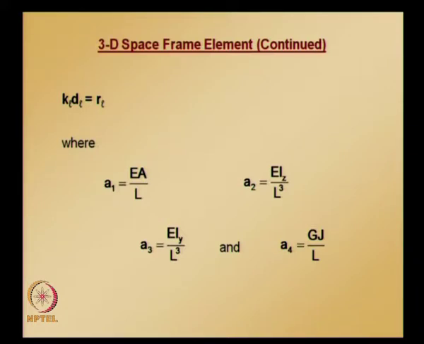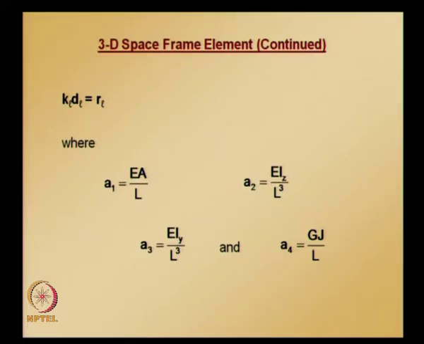Since this is the element equation system in local coordinates for a particular element, using this equation we can assemble element equations for all elements once we know the material properties and geometrical properties.